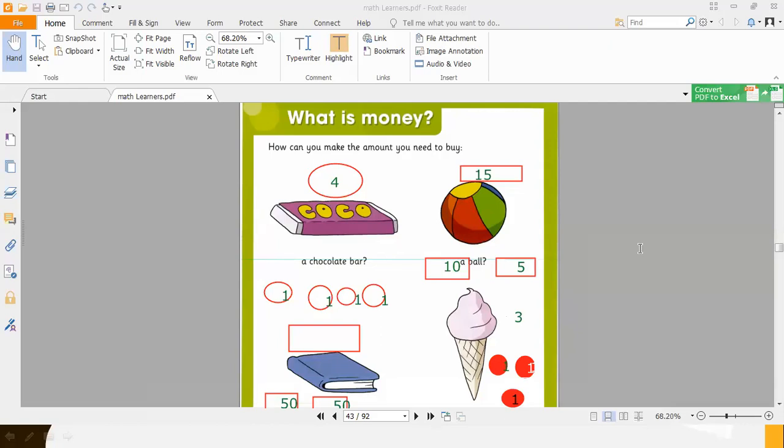Up to 2 reals we have coins, and from above we have paper money. Paper money for 5 reals, 10 reals, 20, 50, 100, 500, and 1000. This is the paper currency that we are using in our country.